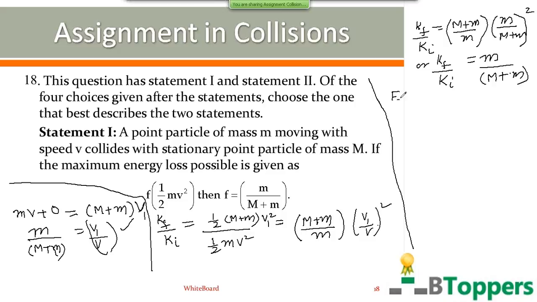Small f represents the fraction of the initial kinetic energy of the first particle which is lost due to the collision, or we call it the fractional decrease in the kinetic energy.